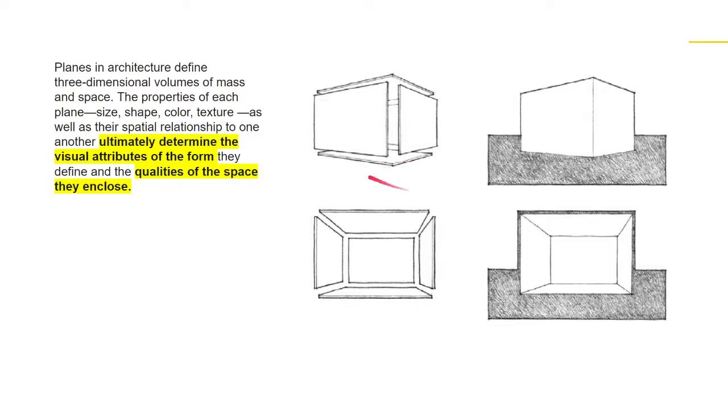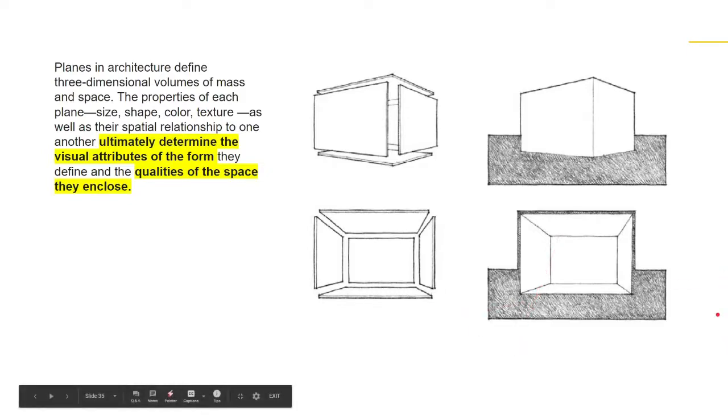In architecture or in built environments, you have these properties creating volumes to create a space. For example, this would be your floor, this would be your wall, and this would be your ceiling. This is the plane in which all of it will lie.